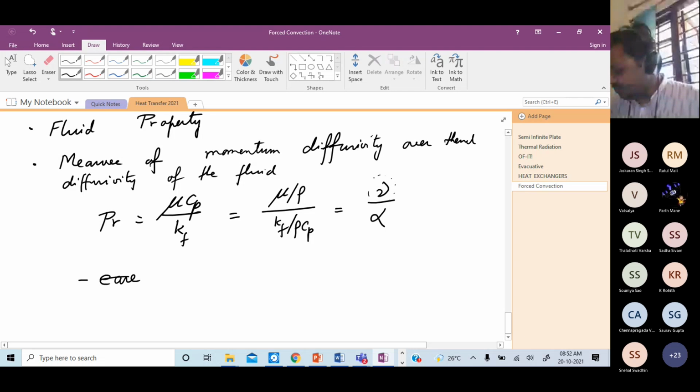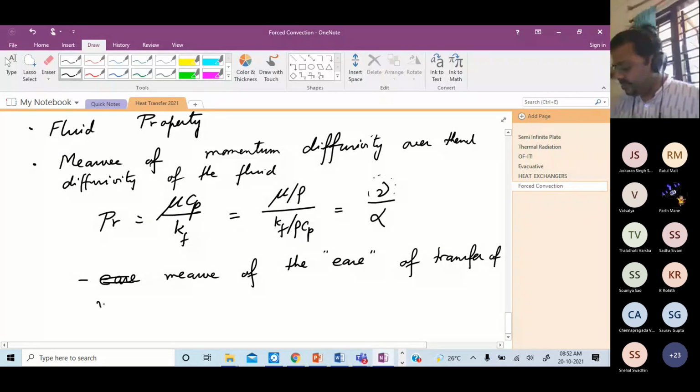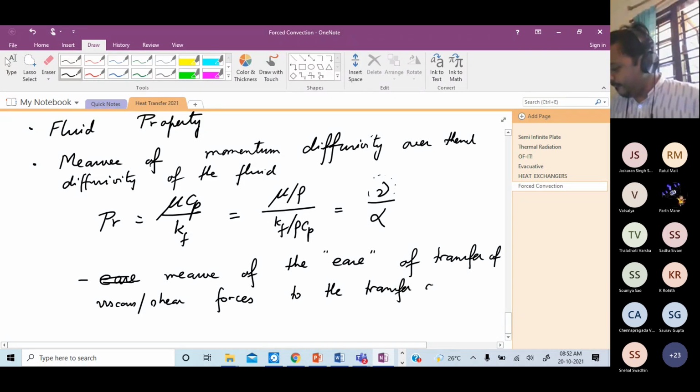It's a measure of the ease of the transfer of viscous or shear forces compared to the transfer of thermal energy through the fluid.